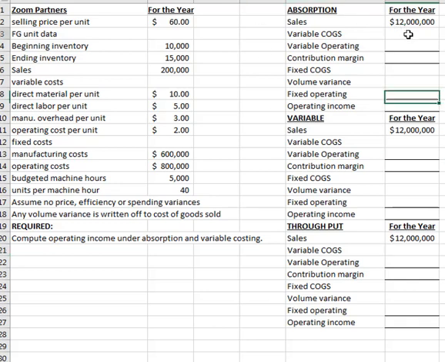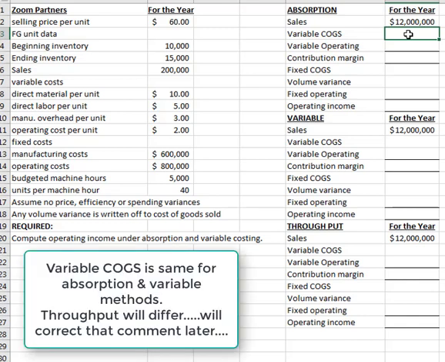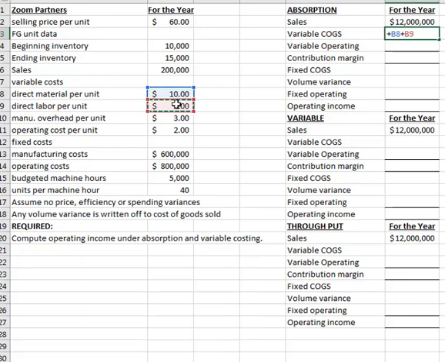Now the variable cost of goods sold is the same for all three methods. So what is the variable cost of goods sold? That is the material per unit and the labor per unit and the variable manufacturing overhead per unit. Notice I'm not including the variable operating cost because that's not a product cost. It might be variable, but it's not a product cost. So it's not going to go into the cost of goods sold.